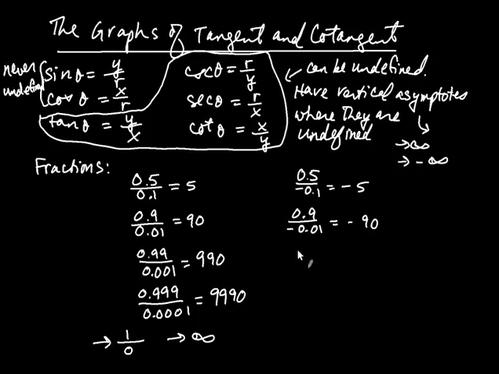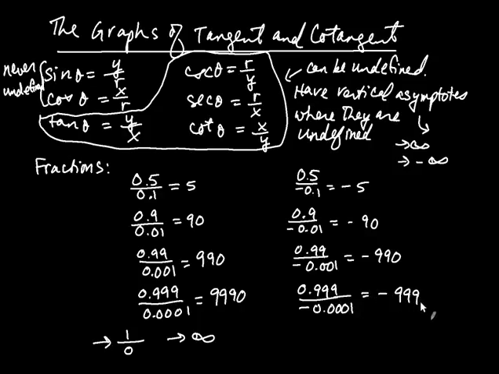And 0.99 divided by negative 0.001, that's going to be negative 990. Finally, 0.999 divided by negative 0.0001. Okay, what do we get? It's going to be negative 9990.